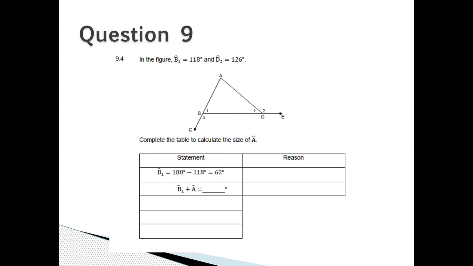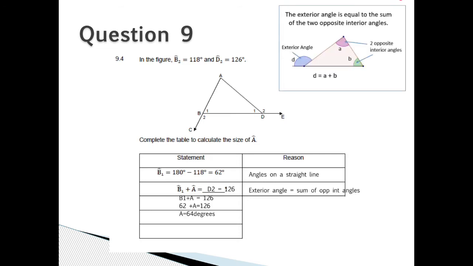And angle B1 plus angle A is equal to how many degrees? You need to include your reasons. It's important to remember that the exterior angle is always equal to the sum of the two opposite interior angles. So, if A and B are your two opposite interior angles, then your exterior angle D is equal to the sum of A plus B.